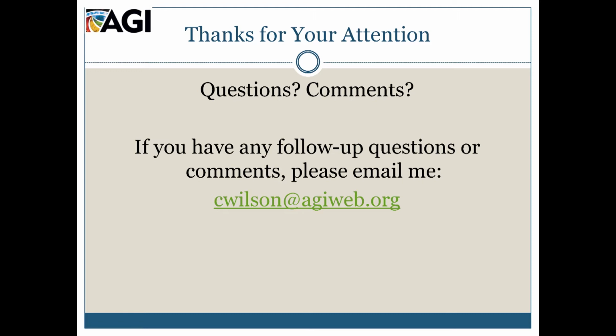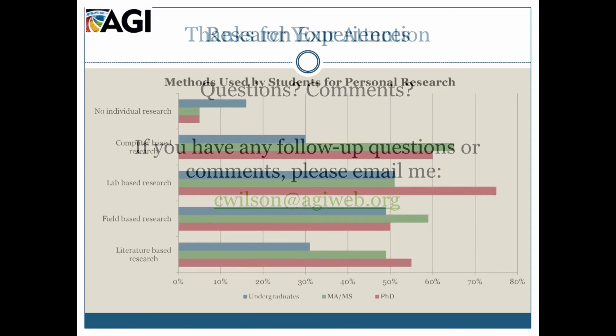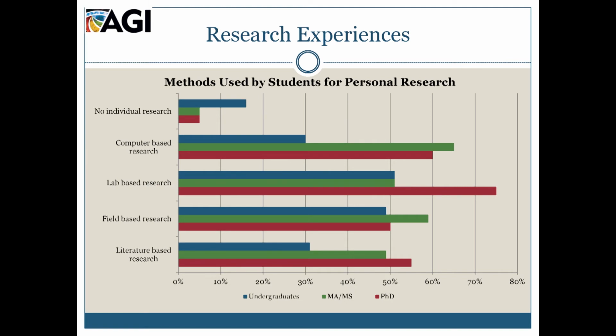So can you tie the subdiscipline of geology into these various groups for research experiences? I actually might be able to, because I did ask them to describe their research briefly, and I haven't had a chance to go through all of those responses, but that was one of the things I was planning on doing, seeing if I was able to tie the subject area with the type of methods they were using for their research.